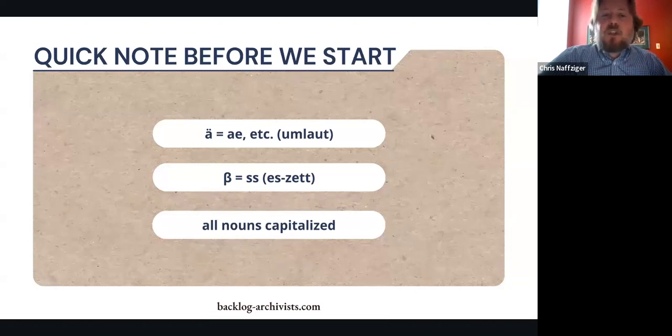And it can make a huge difference in the meaning of a word. Probably one of the most famous ones is the difference between the word schön and schon. So SCH umlaut O-N, schön means beautiful, while SCH-O-N means schon, which means already.